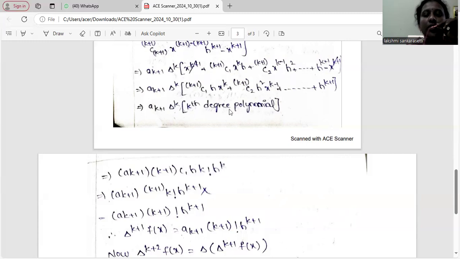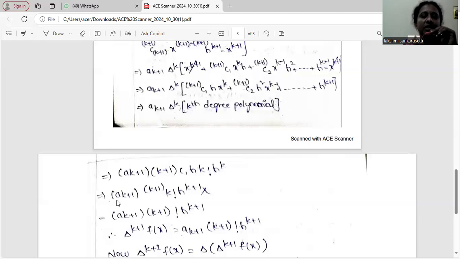For kth degree polynomial, the kth order difference is ak. ak in this polynomial is represented as x power k coefficient, which is taken by k plus 1 c1 into h. That is represented here, k plus 1 c1 h into k factorial into h power k.